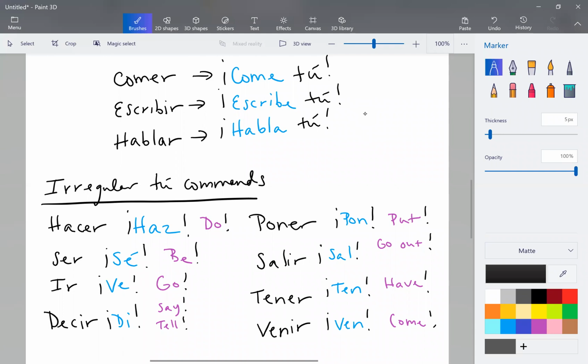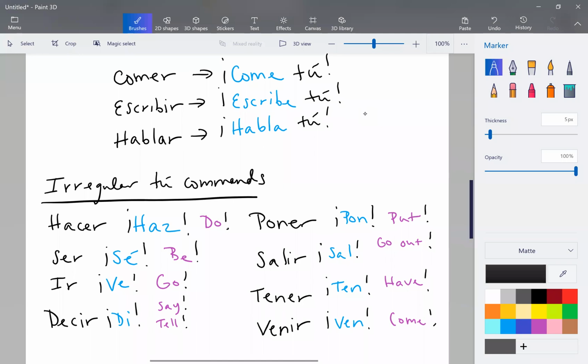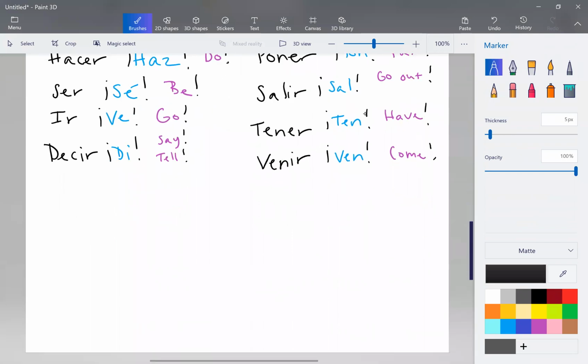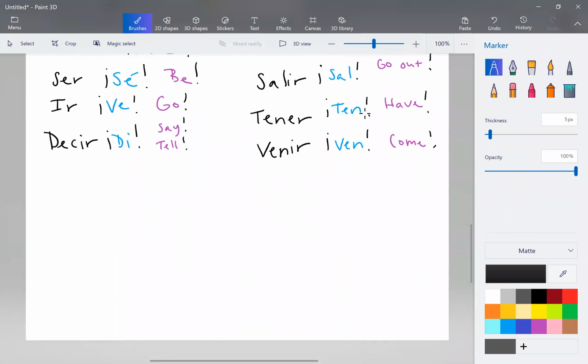Regular tú commands, like we set up above, just look like the present tense usted, and then these 8 are irregular. We're going to do a few examples. But are there any questions so far? Okay.